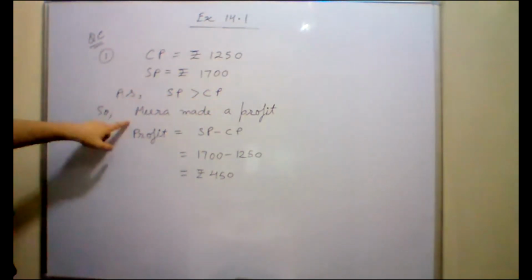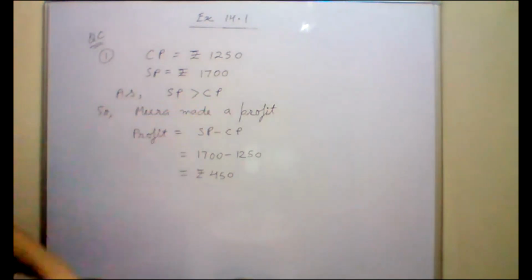So Anil made a loss. Anil had a loss. Okay. The answer of the second one is 21,050. Sir, Anil made a loss. Yes, correct. 21,050 is the right answer. Sir, my answer is correct. Very good. Sir, mine too.